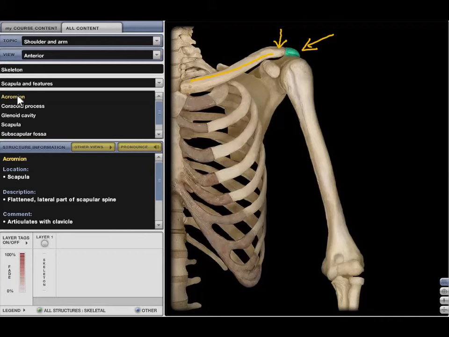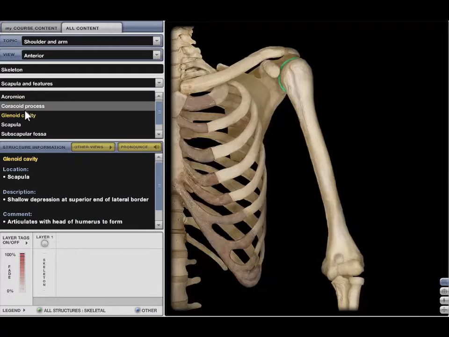So in the laboratory, when you're differentiating right and left clavicles, you can use that acromial end of the clavicle as a clue as to which bone is the left or the right. Here we can see the rim of the glenoid fossa or the glenoid cavity, which is highlighted in blue. And we can just see the rim of that fossa here articulating with the head of the humerus.